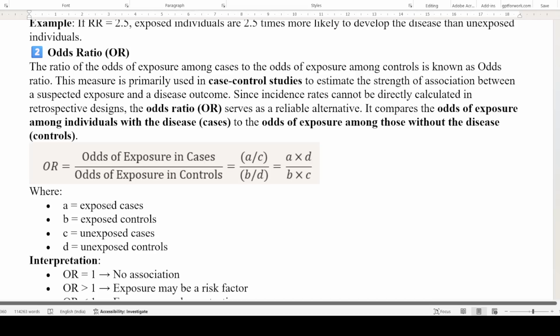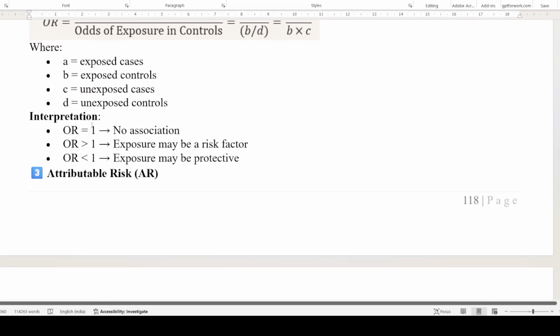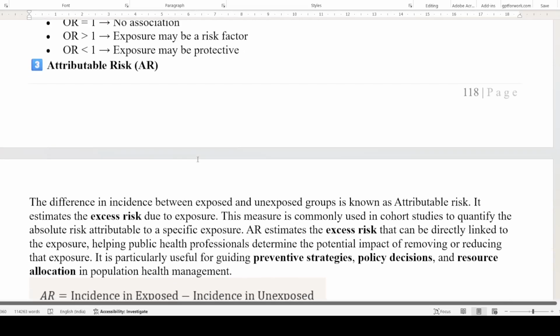So this is the formula, and for interpretation, if it's greater than 1, exposure may be a risk; less than 1, exposure may be protective; and if it's 1, then no association.